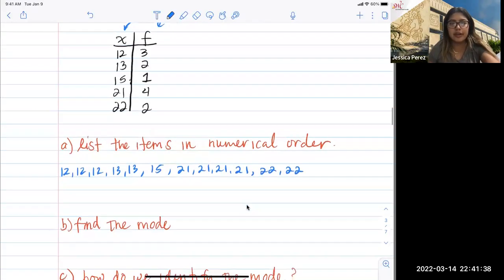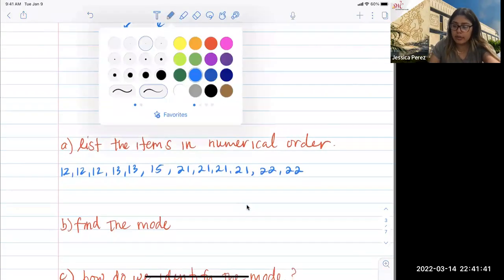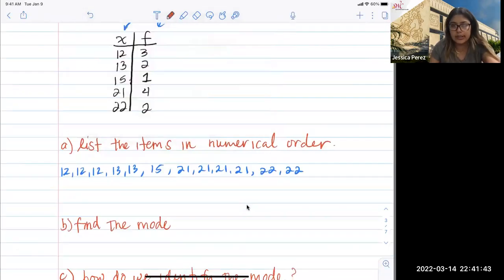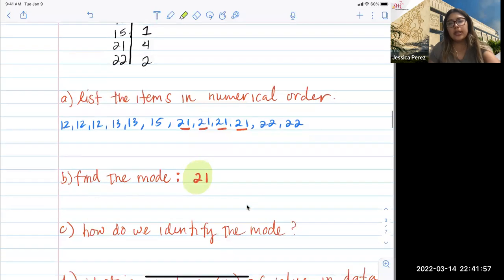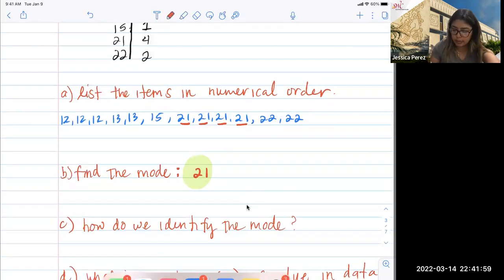Part 2 is to find the mode. Well, what is the mode? The mode is which number repeats itself the most. The mode is 21. It repeats 4 times. Now, how do we identify the mode?